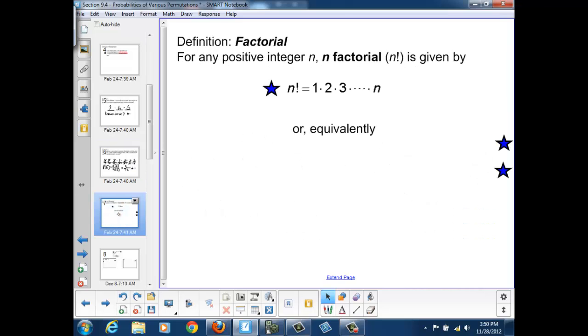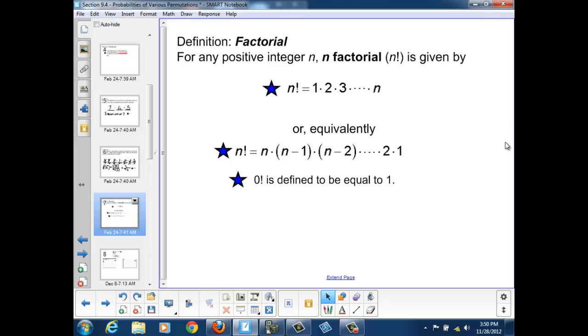We call that a factorial, and we symbolize that situation with an exclamation point. So n factorial would be the product of all the numbers between 1 all the way up to n. We could also think about it as working our way down from n to 1.